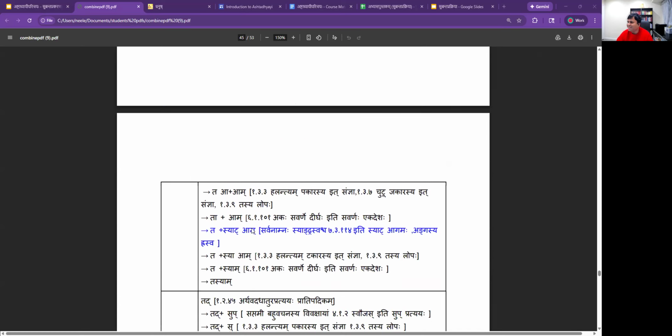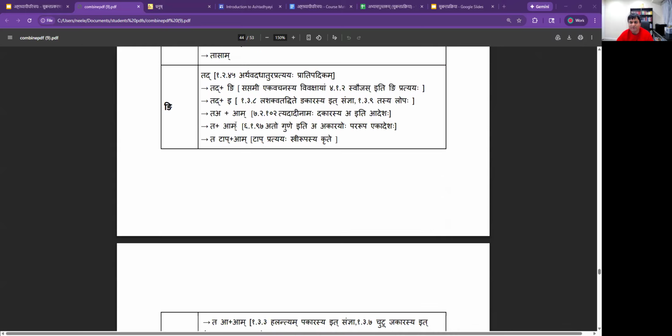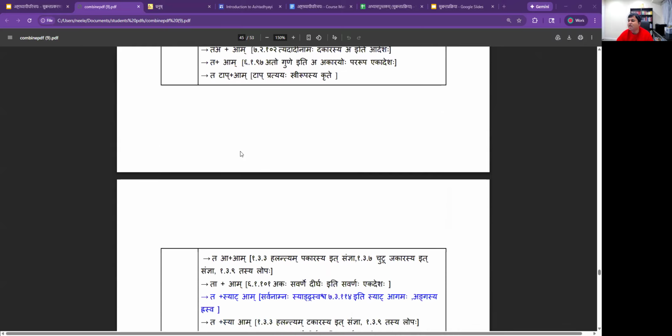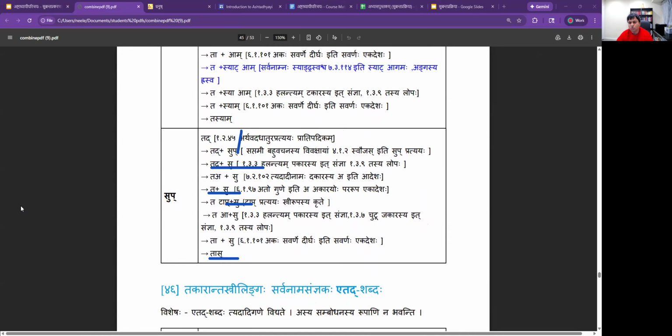Copy, paste: ङेराम्नद्याम्नीभ्यः. नद्याम्नीभ्यः इति सूत्रेण नी प्रत्ययस्य आम् आदेशः भवति. So you have ta plus a plus am. ङेराम्नद्याम्नीभ्यः: ni pratyayasya abantat vihitasya gi pratyayasya am adesha bhavati, and then you have ta plus am, same sarvanamnasya adhrasvasya, and tasyam iti rupam siddhyati, and tasu is also very similar on the same lines.